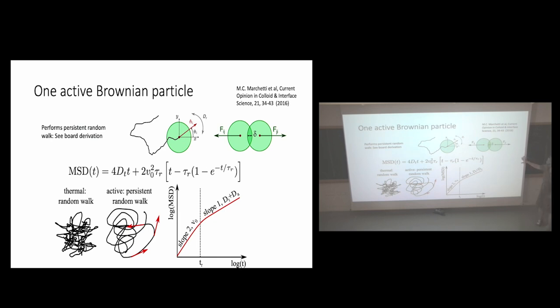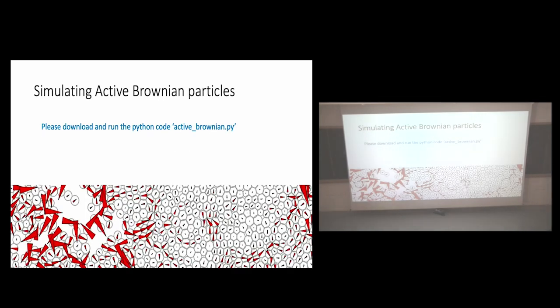So different statistical behaviors. What I'd like to do now is explain to you a little bit of how to simulate these. And in fact, you should be able to download, and it's been sent around, a Python file called activebrownian.py to run, and I'll demonstrate it for you here on the screen as well.